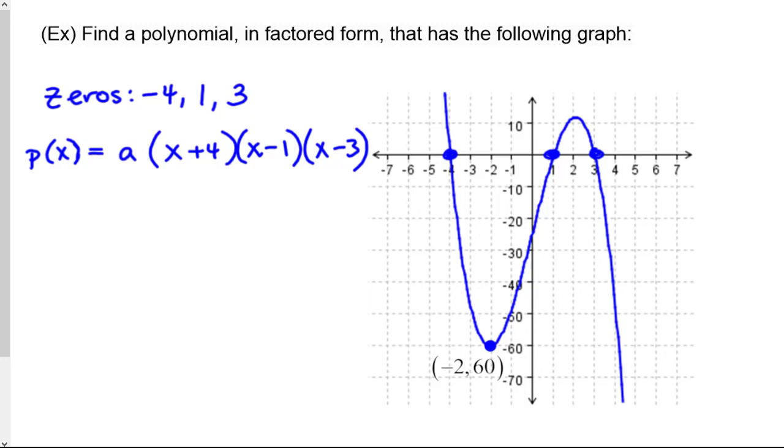The only thing that might be off is this coefficient here. It could be positive, could be negative. If you'll notice, I have a third degree polynomial because I have 3 zeros, starting in the positive and ending in the negative, which is the opposite of what you usually do. So my leading term coefficient should at least be negative.